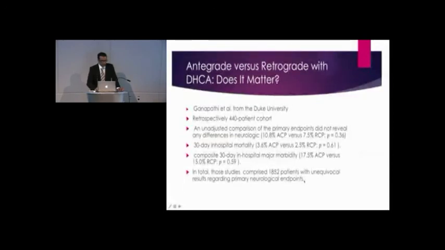Another group from Duke University, with 400 patients, also found that 30-day in-hospital mortality was similar between antegrade and retrograde, and 30-day morbidity was similar. A meta-analysis with 2,000 patients also didn't find any difference between retro and antegrade.